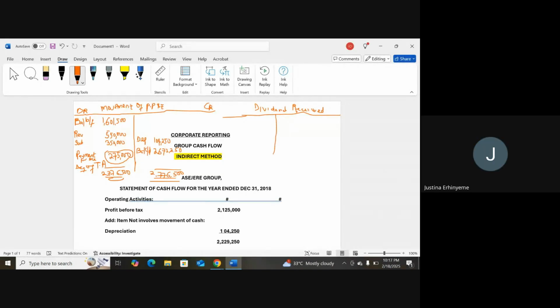And this dividend received serves as an income, and income always has a credit balance. Like expenses have a debit balance, but income has a credit balance. Then I will have balance brought forward.